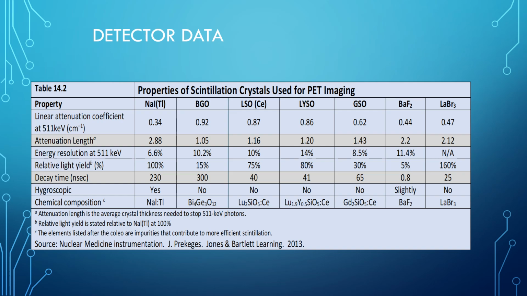The energy resolution, you'll notice that that is also increased with the newer ones, the LSO and LYSO. The light yield is a lot better. The decay time in nanoseconds is shorter, so that's good. And so the chemical composition or the makeup of them is down there at the bottom.